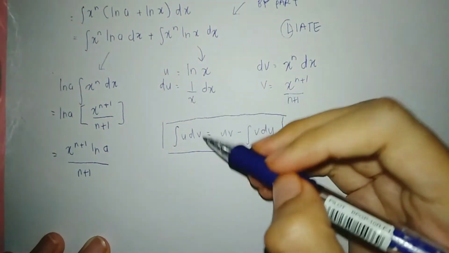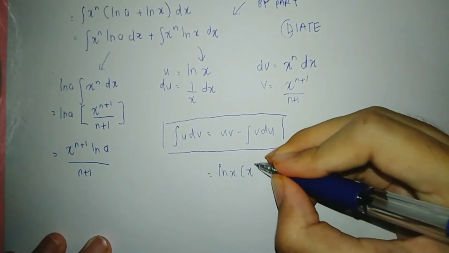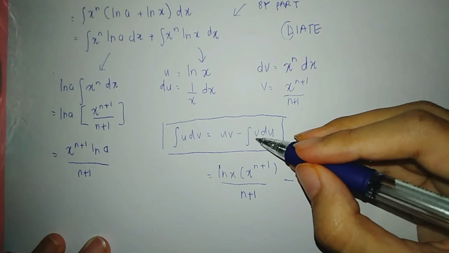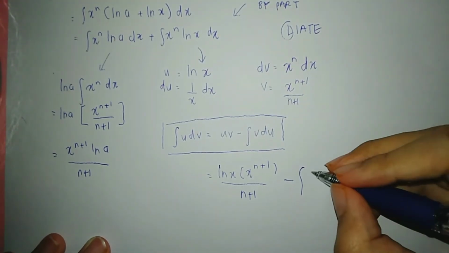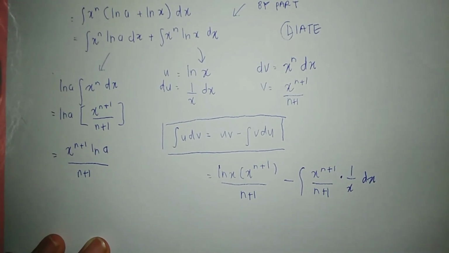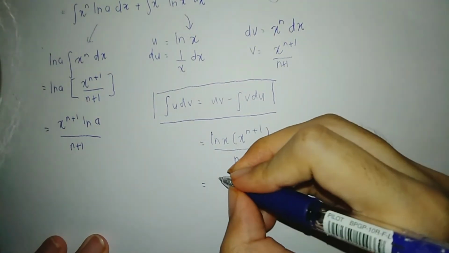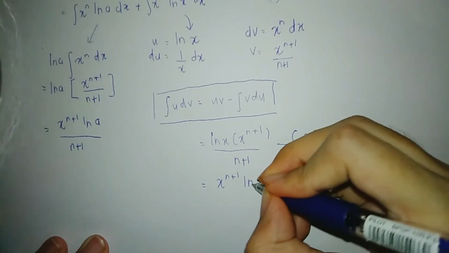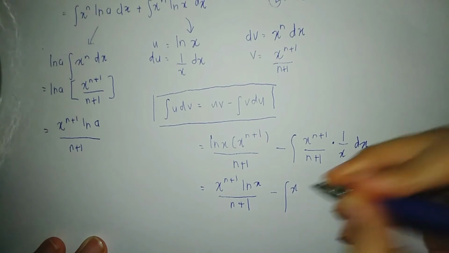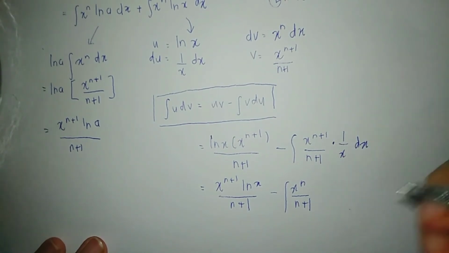Next, we have to substitute into the equation. We get x to the power of n plus 1 ln x over n plus 1 minus integrate x to the power of n over n plus 1 dx.